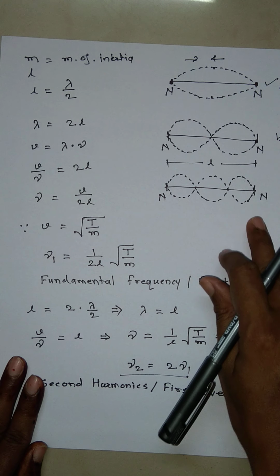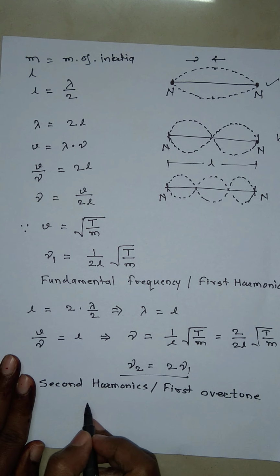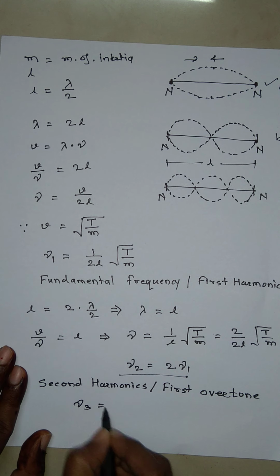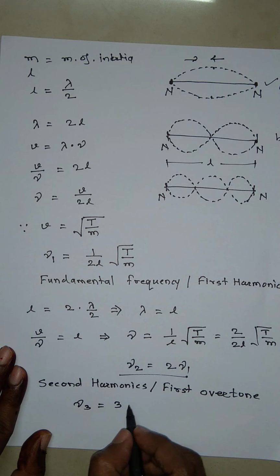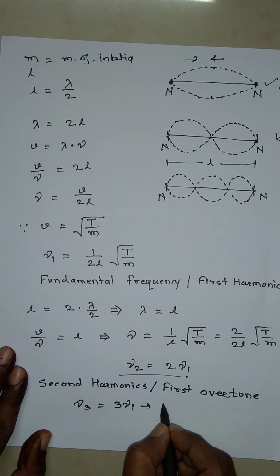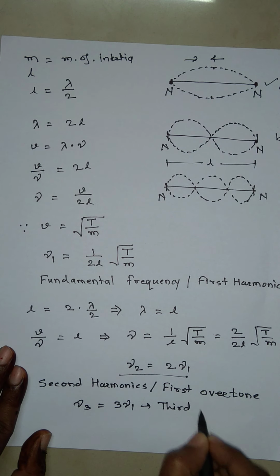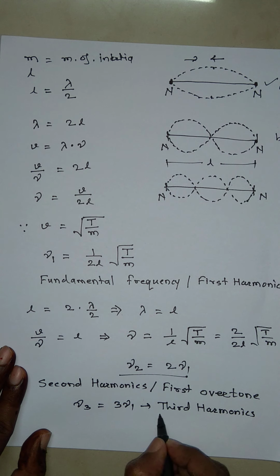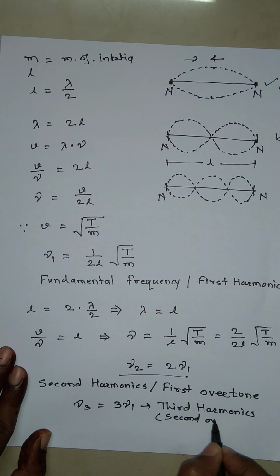Likewise, for the third case, you will obtain the expression for frequency nu 3 to be equal to thrice nu 1, which is known as third harmonics, or it is also known as the second overtone.